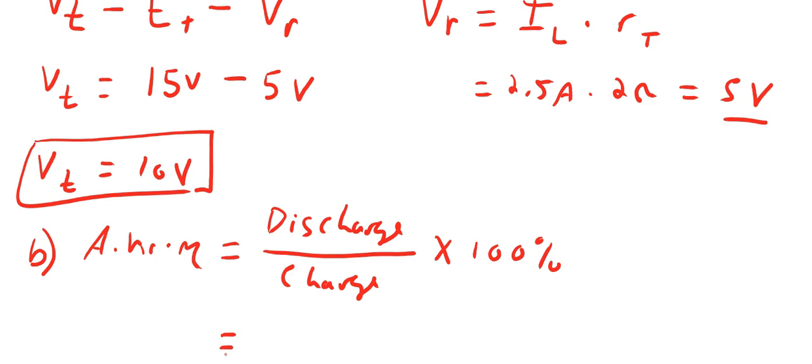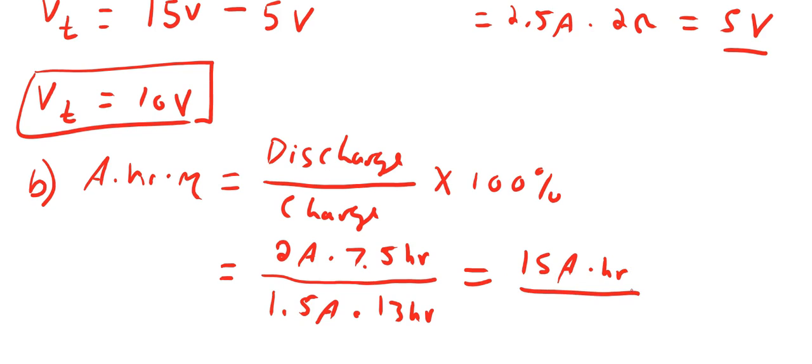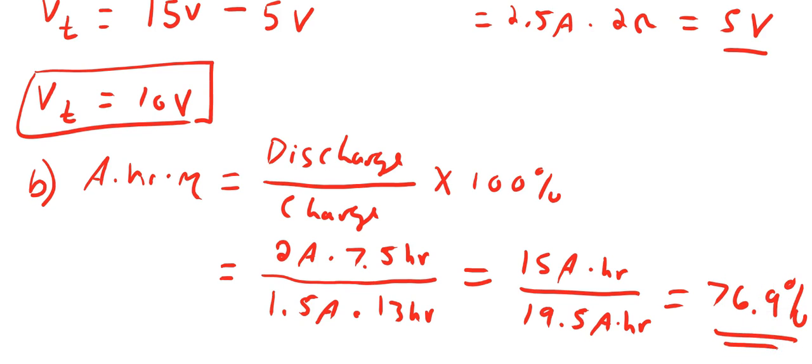And so the discharge amp hours for this case would be 2 amps times 7.5 hours, and the charge amp hours would be 1.5 amps times 13 hours, and that gives us 15 amp hours over 19.5 amp hours, which when we convert to a decimal and multiply by 100 will result in 76.9%. This is the amp hour efficiency.